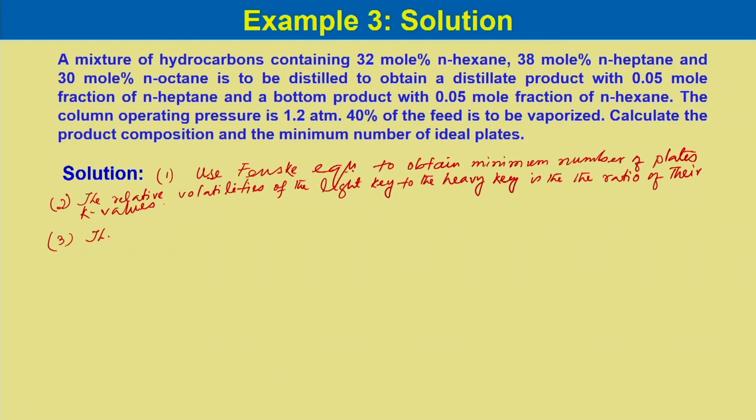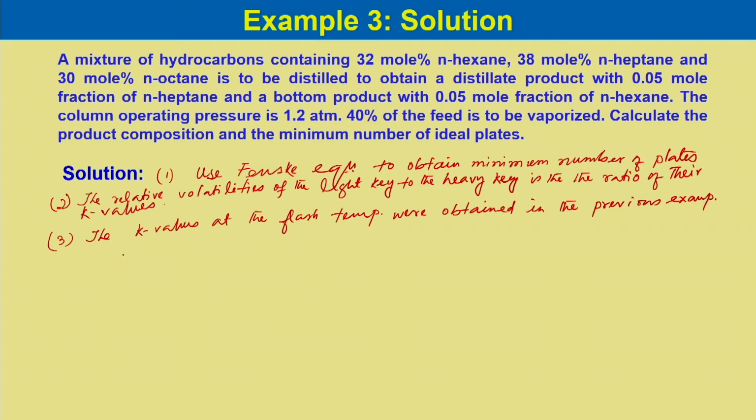The K values at the flash temperature were obtained in the previous example, which was shown in the last table.